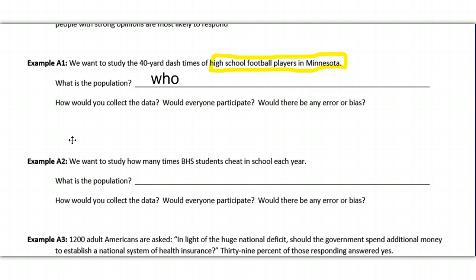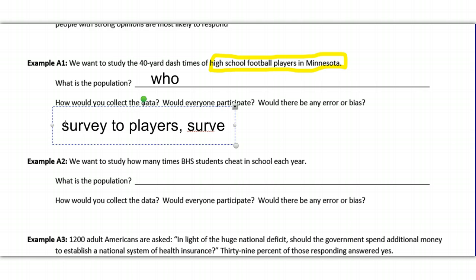So when we go on to that next part, how you would collect the data, how would you get information about 40-yard dash times of high school football players in Minnesota? You could, maybe one idea, send out a survey to all players. So all the players submit their information, their 40-yard dash times.